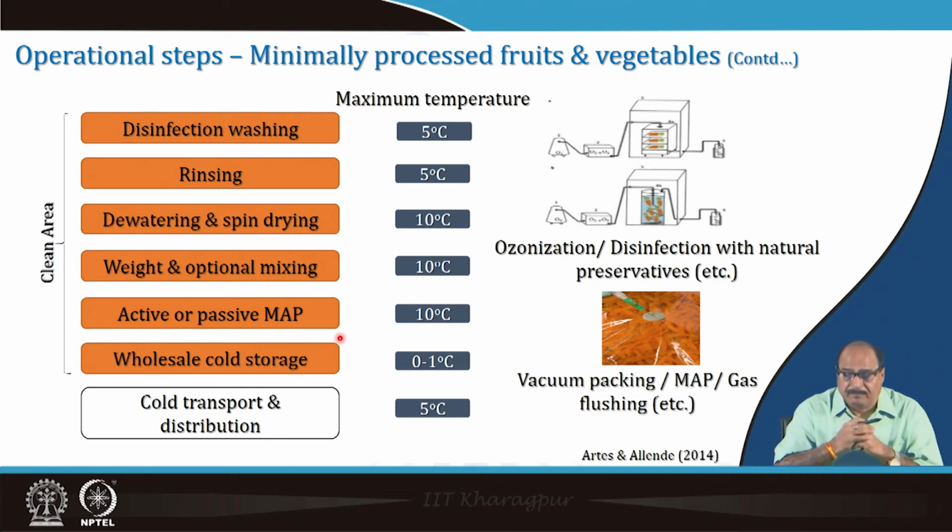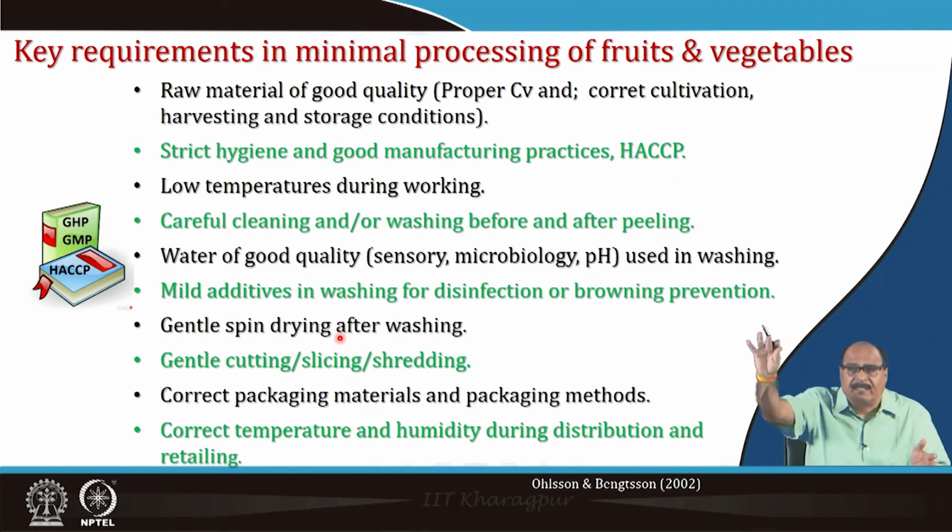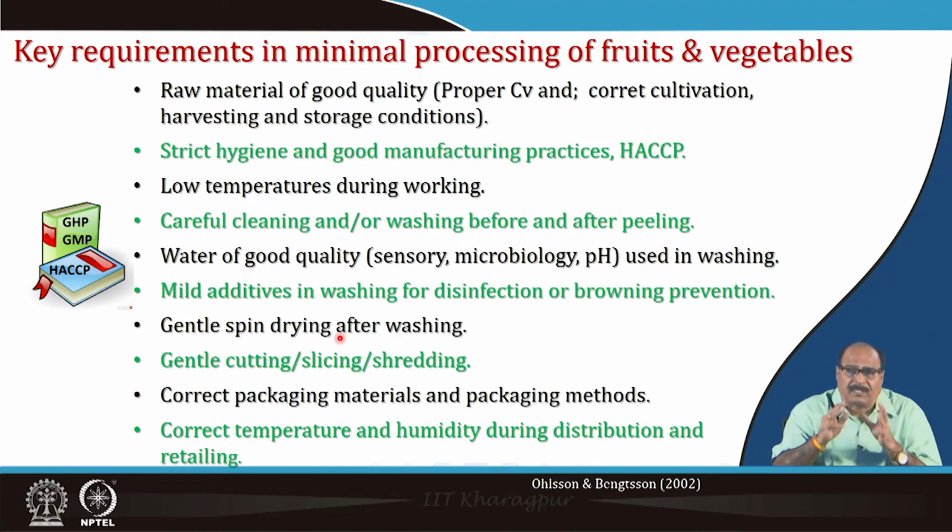And then ozonation or disinfection with natural preservatives, or vacuum packaging, modified atmosphere packaging, gas flushing etc. can be used. So, these are the different operational steps for minimal processing. They can be properly graded, sorted, cleaned, washed, sanitized, packaged and kept, so that you get extended shelf life and better quality.